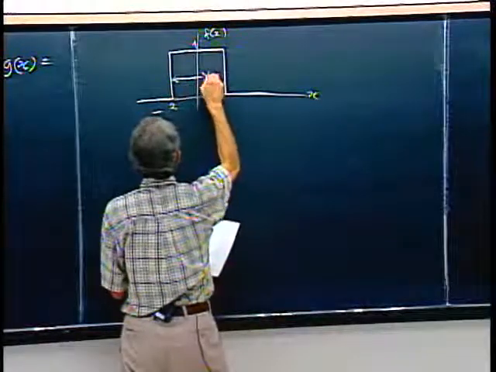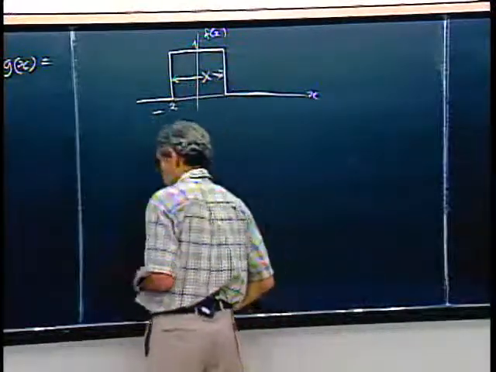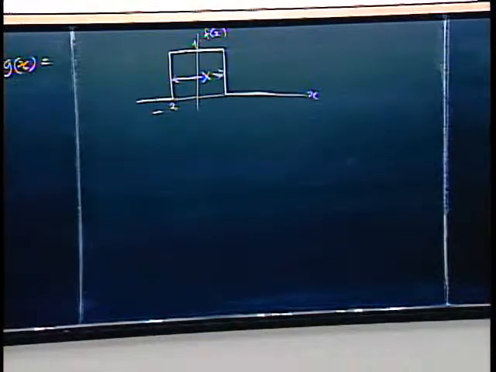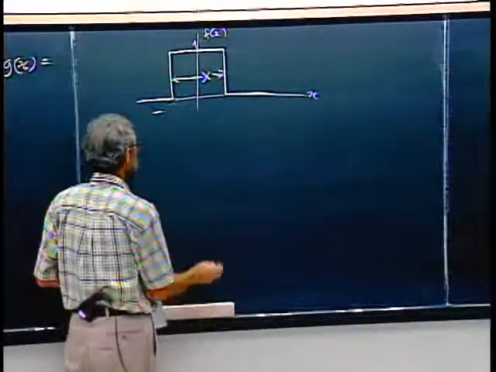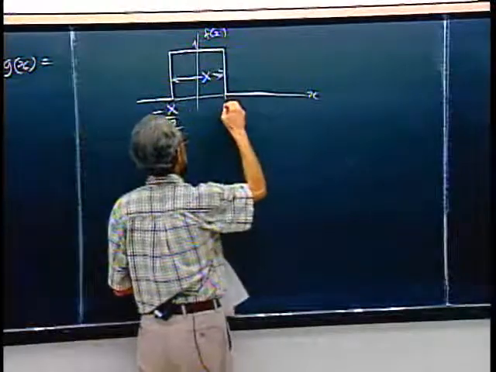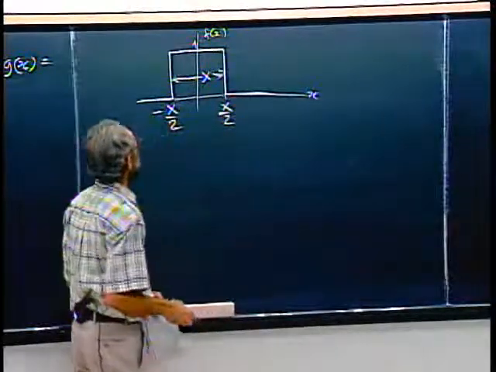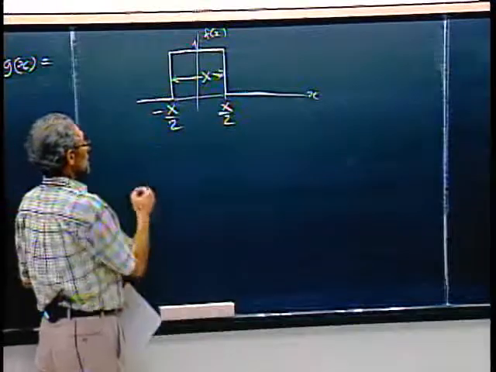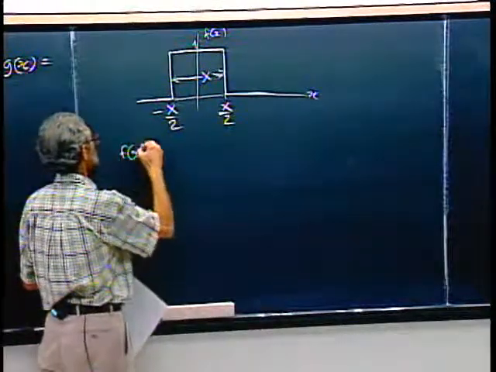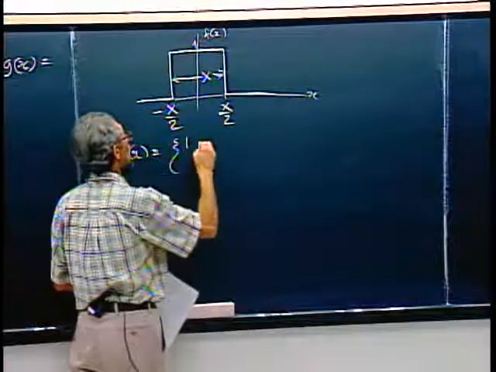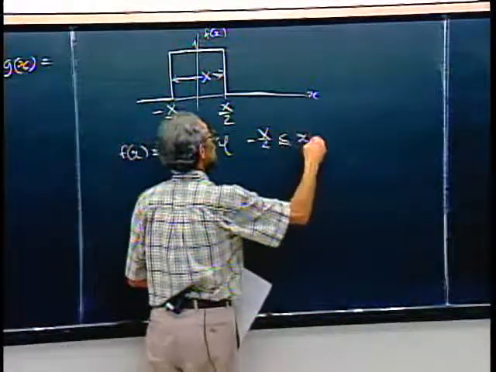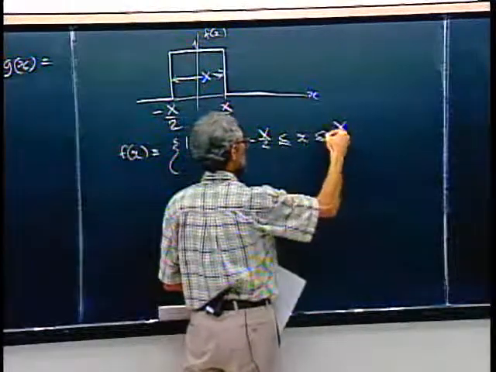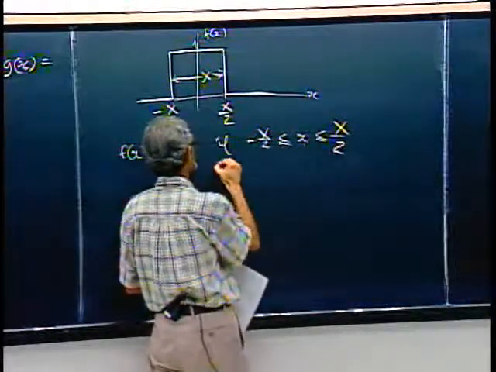So from here to here is capital X. That means f of x is 1 if minus capital X over 2 is less than or equal to lowercase x is less than or equal to capital X over 2, and 0 otherwise.